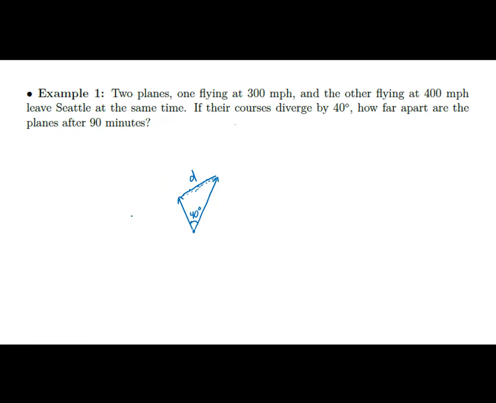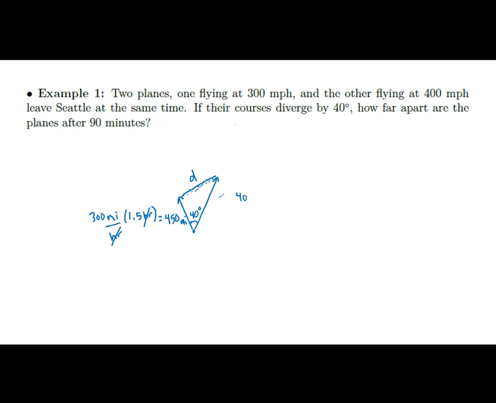So I can multiply 300 miles per hour by 1.5 hours, which is what 90 minutes is, and that tells me how far this plane has traveled in that period of time. So that's 450 miles.